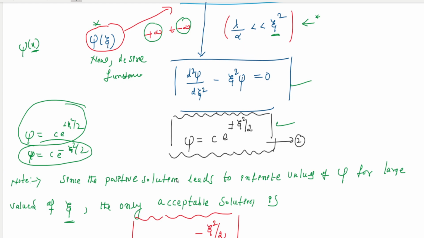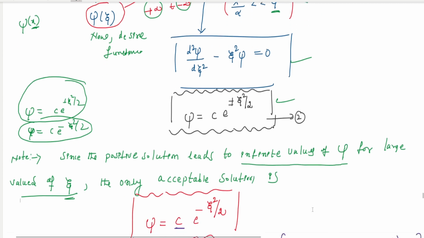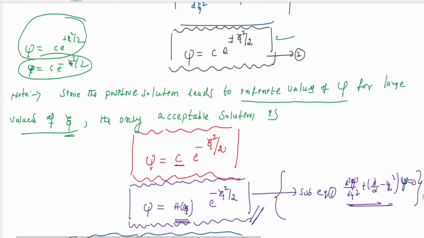Since the positive solution leads to an infinite value of the function for a large value of xi, and one property of an acceptable wave function is that it is finite, therefore the only acceptable solution is psi equal to e power minus xi square divided by 2. So this is not the acceptable function, this is the acceptable function.